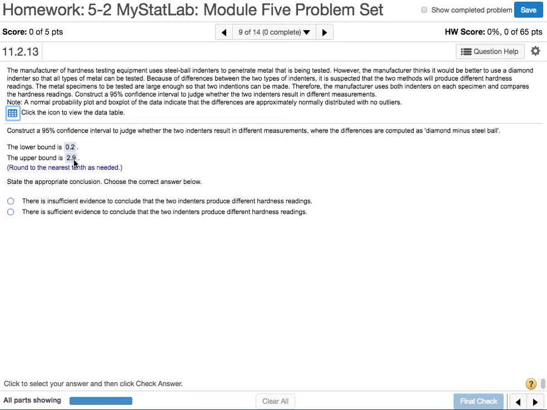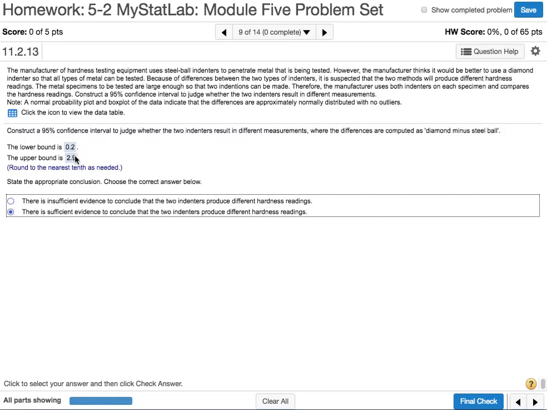And what we can take from that is stating the appropriate conclusion. We can say that there is sufficient evidence to conclude that the two indenters produce different hardness readings, because the mean difference between the two is not 0, from what this confidence interval is showing.